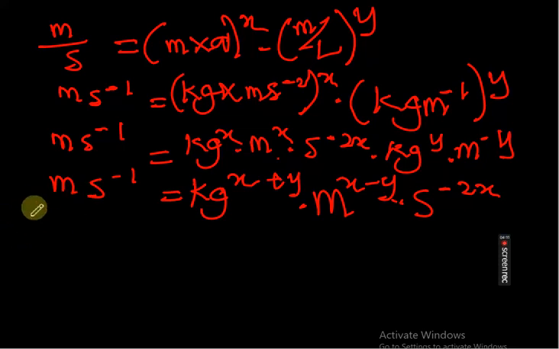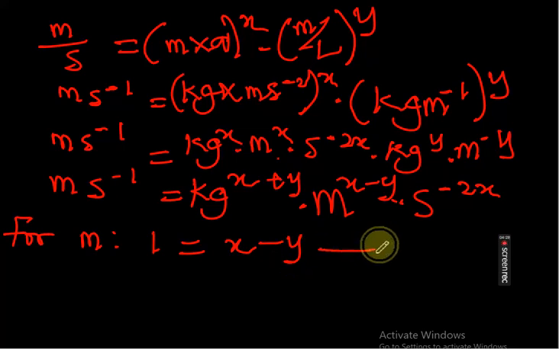Now you go ahead for comparison. What is the value of m on the left hand side? m is to power 1 here, so you have 1 equals, on the right hand side, x minus y. Call this equation 1. Again for kg, on the other side there is no kg, that is 0.